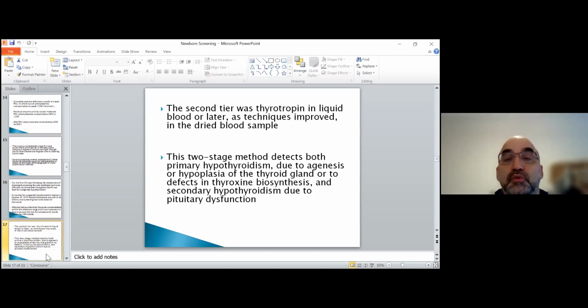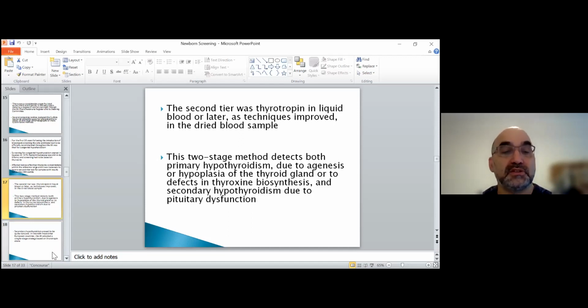So it started with total T4 in the blood spot, and then escalated to TSH if it was in the lower 20% of the reference range. This could also detect primary hypothyroidism, the problems with the thyroid gland, and also central or pituitary dysfunction by the changes detected in the results.